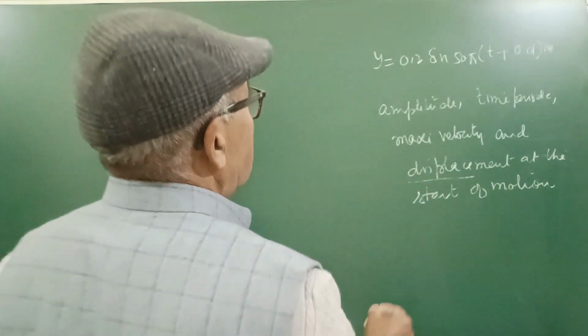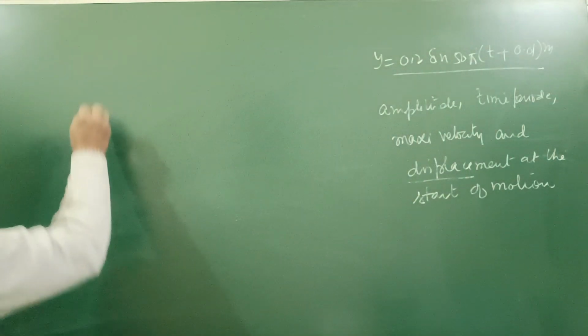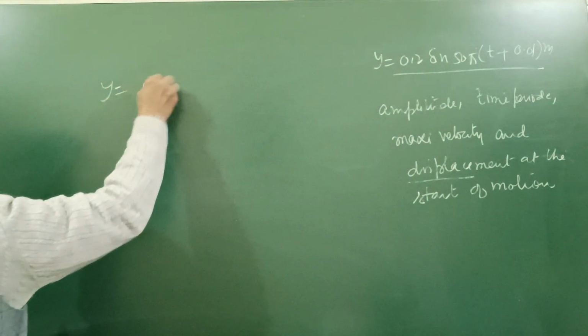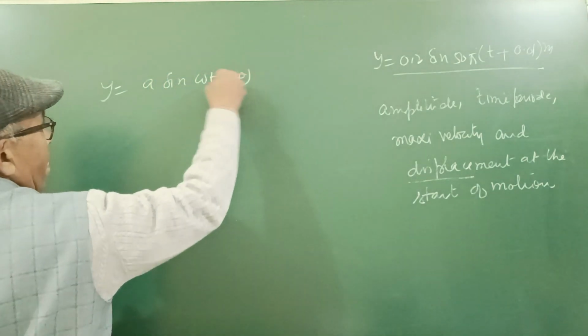So this is the equation of SHM. The general equation is y equal to a sin(omega t plus phi).